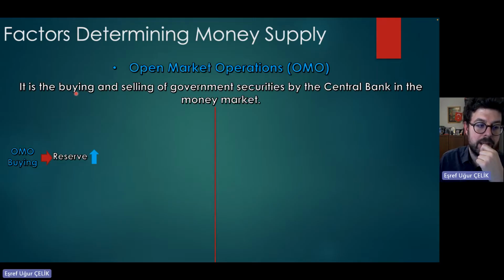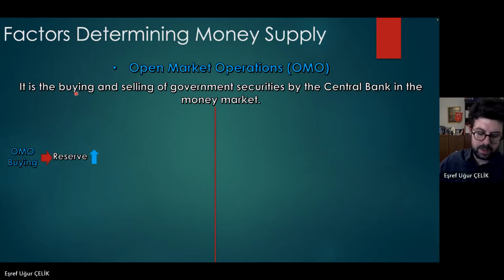If I buy through open market operation, if I buy government securities, I give money to... I'm not sure, maybe I'm going to tell it wrong. Let me have a second.